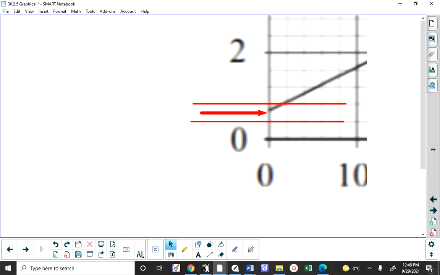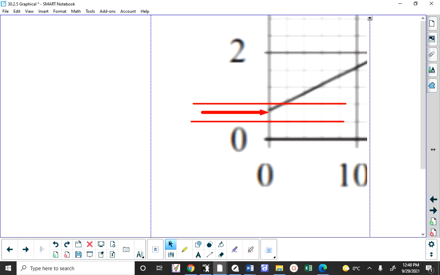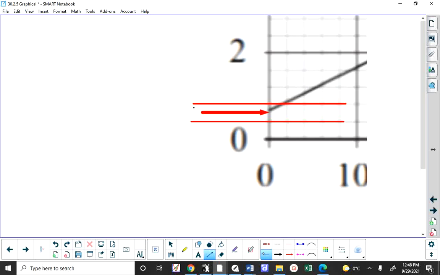I think 0.6 is there, maybe a little bit lower. I can't quite get it exactly in between. But the point is, it looks to me like that y-intercept is above 0.6. Then again, if this is 0.6, I don't think that the y-intercept is halfway between 0.6 and 0.8.